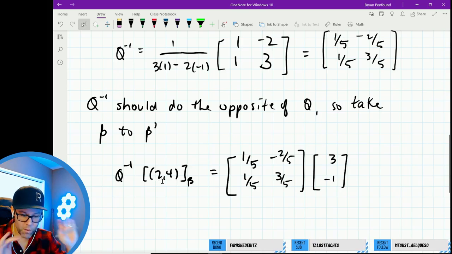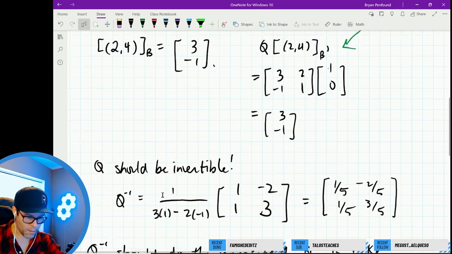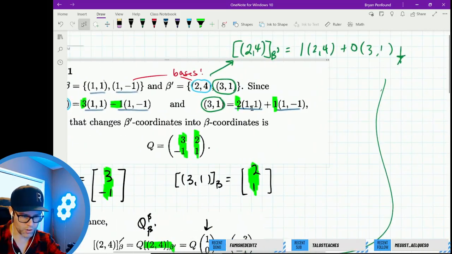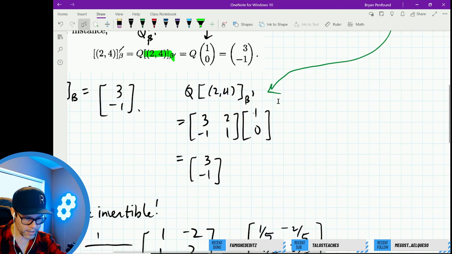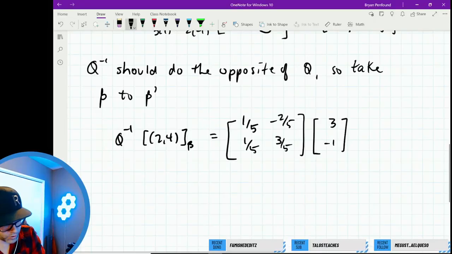Now, if we've done this correctly, we know how to express (2, 4) in beta prime. (2, 4) in beta prime is just (1, 0). So if we've done this correctly, we should get the (1, 0) that we expect to see from the example in the textbook. Is that true?